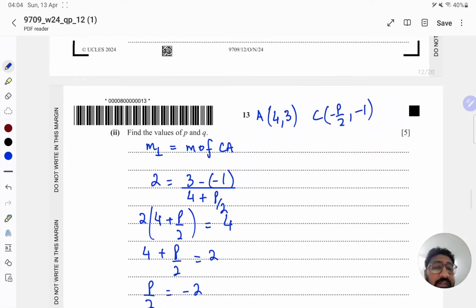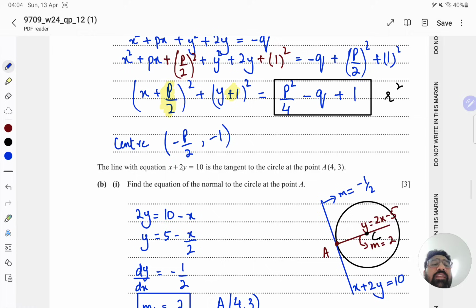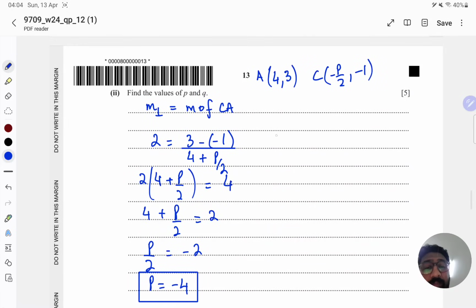Now we have the value for p, and for finding the value of q, we know that we have the radius. The radius, in this scenario, is this point. We can also calculate the radius as the distance of A and C. So the distance of AC will be equal to the radius.